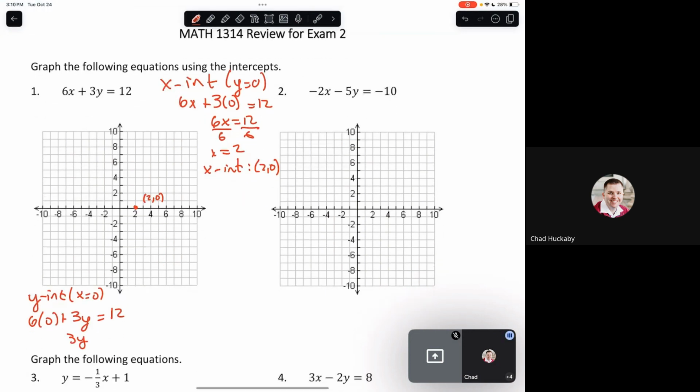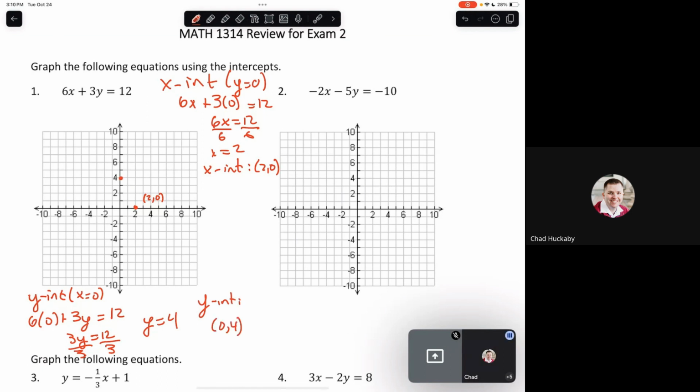That means 3y is equal to 12. Divide both sides by 3. 12 divided by 3 is 4, so y equals 4. Okay, so that means that our y-intercept is the point 0, 4.